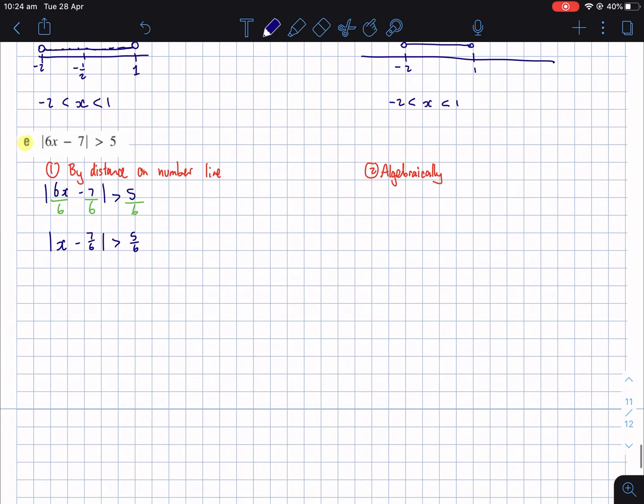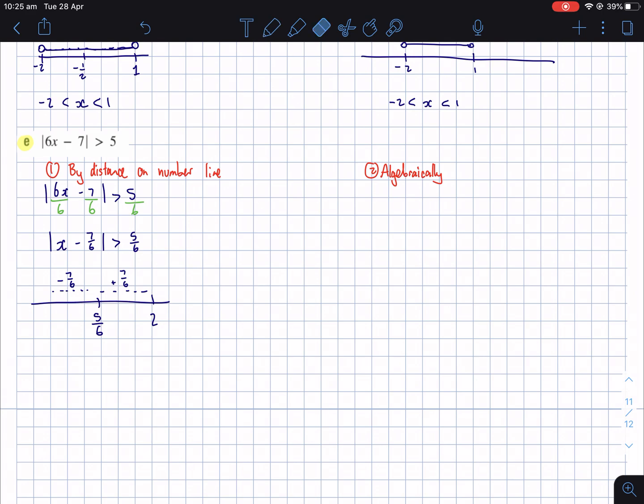which means if I have a number line, and here's 5 on 6, I want to go up by 7 on 6, and I end up at 5 on 6 plus 7 on 6, gives me 2, and then I want to go down 7 on 6.